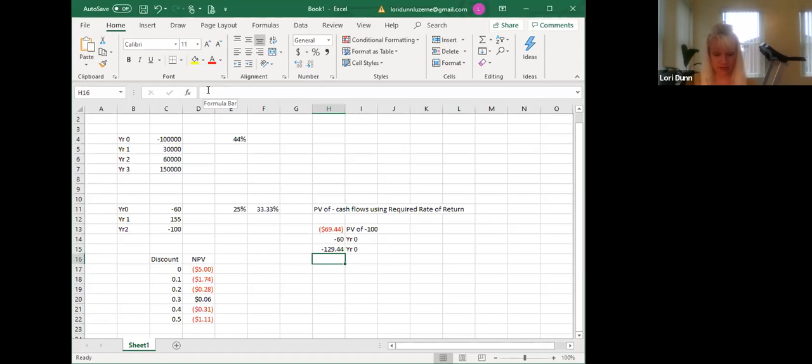So I'm going to go into my finance calculator. Glasses on. And I'm going to go into my internal rate of return calculation. And instead of putting in negative 60 as my initial investment, I'm going to put in negative 129.44.